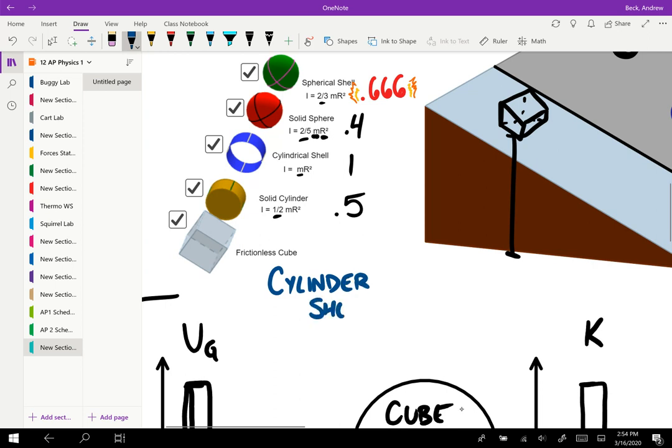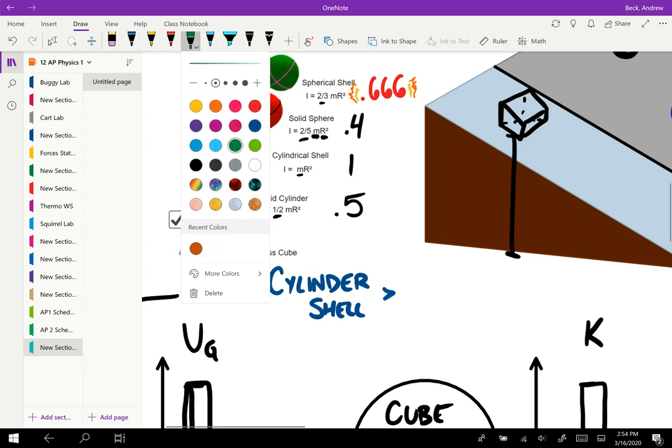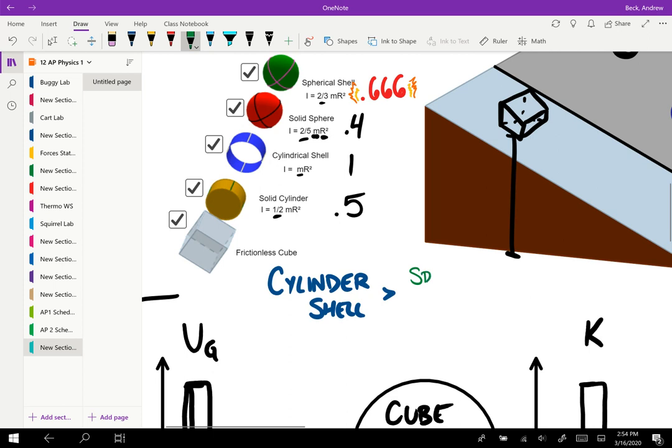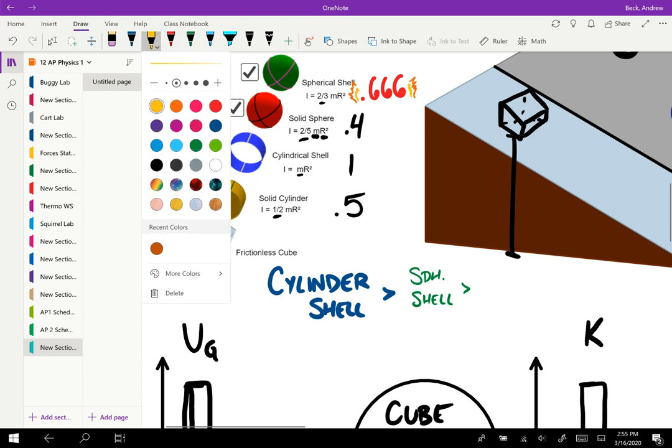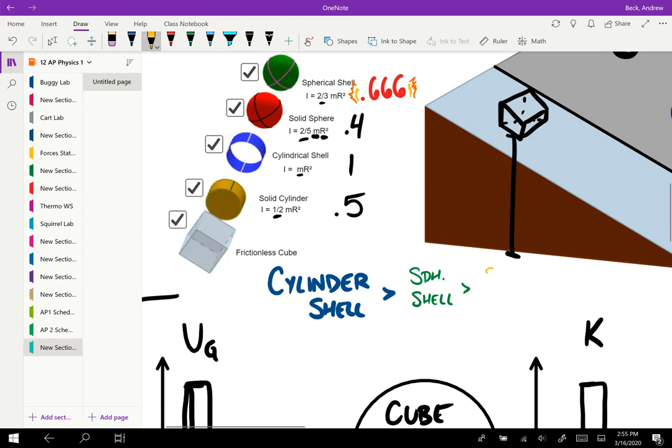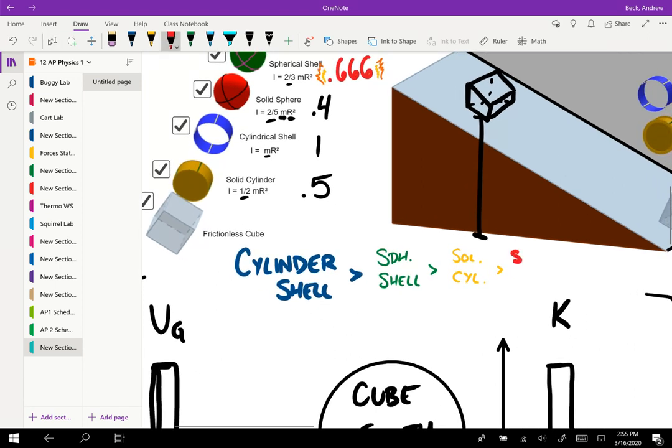So the cylindrical shell is greater than the spherical shell, which is then greater than the solid cylinder, and then which is greater than the solid sphere.